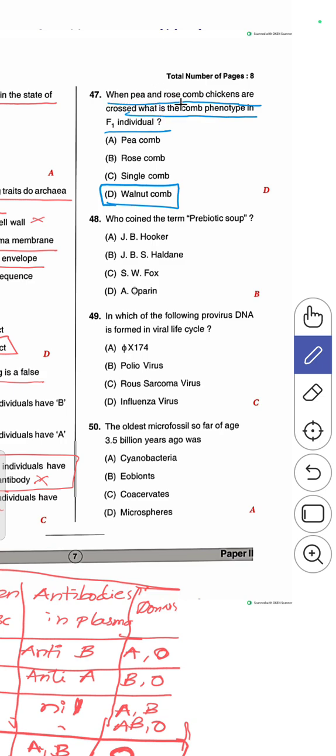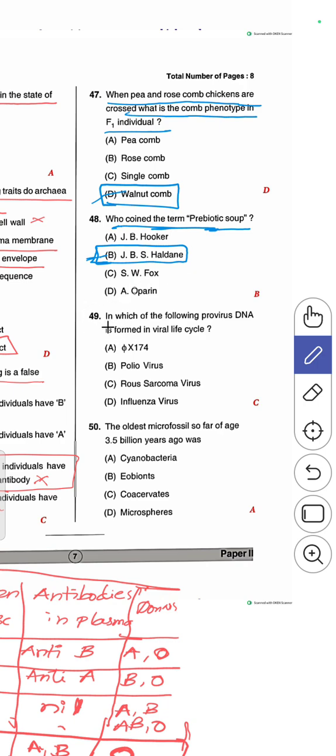After crossing these two, you will get this walnut comb. So D is the right answer. Then 48: who coined the term prebiotic soup? That is JBS Haldane.